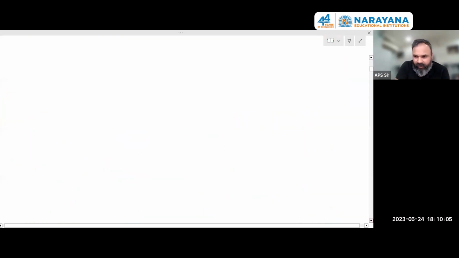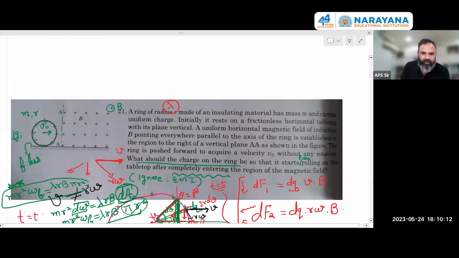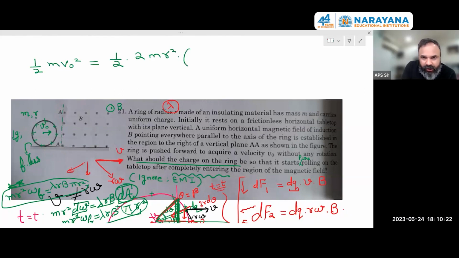So just write that conservation energy equation carefully and give me the answer. What I'll do is I have got half m V naught square is half I COR, which is 2 m r square, into omega final square.